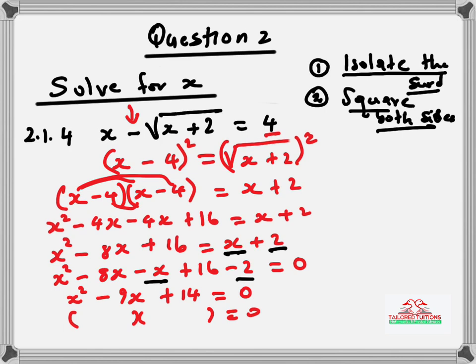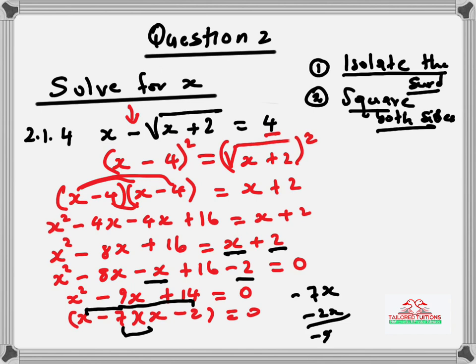Now factorizing this, we'll have x and x, factors of 14 that must add up to 9. So that is 7 and what? 7 and 2. So both of them have to be what? Have to be negative. Remember what I said earlier on to check if you are correct. So it's minus 7x, x times minus 2, it will be minus 2x, and then these are like terms, so minus 9x.